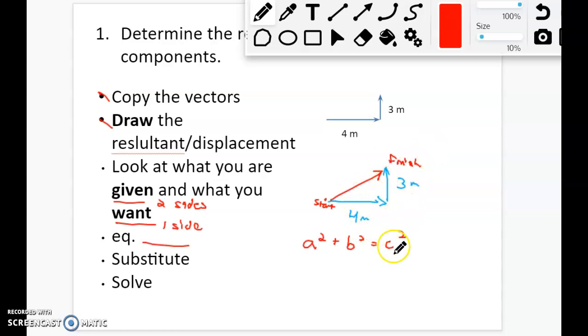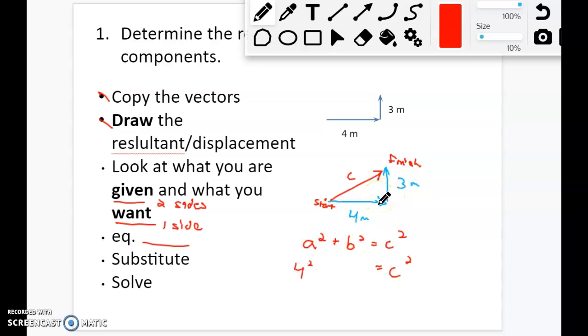And when I'm solving this out though, remember that c, it's the longest side. And on this triangle, and what we do most of the time, it is this side that I just drew. It is the resultant. So that's what I'm going to look for. I'm going to leave that as c squared. I'm going to put my other values to represent the other sides. One is a, one is b, but it really doesn't matter which one's which. You just kind of choose.